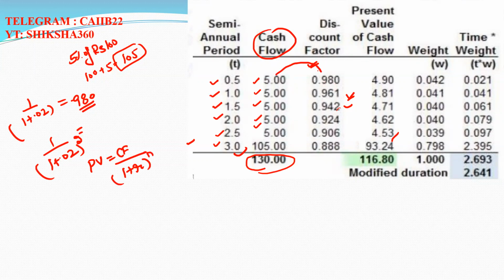When we multiply this one into this one, 0.980 into 5, we get 4.90. Similarly, 0.961 into 5 comes to 4.81. Next, 0.942 into 5 is 4.71. Then 0.924 into 5 is 4.62. Then 0.906 into 5 is 4.53.